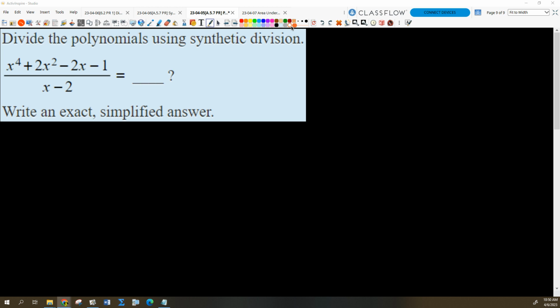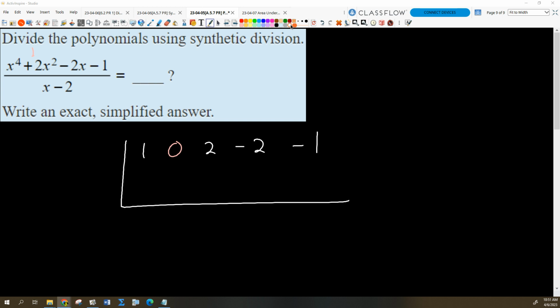So we're going to make our synthetic bracket, right? What are the coefficients going to be in order? 1. Nope. 1, 0. How come? Because I'm missing an x cubed term, right? Okay, now what? 2. -1.